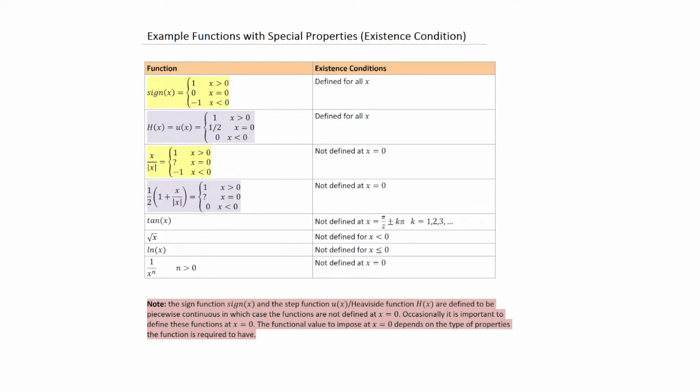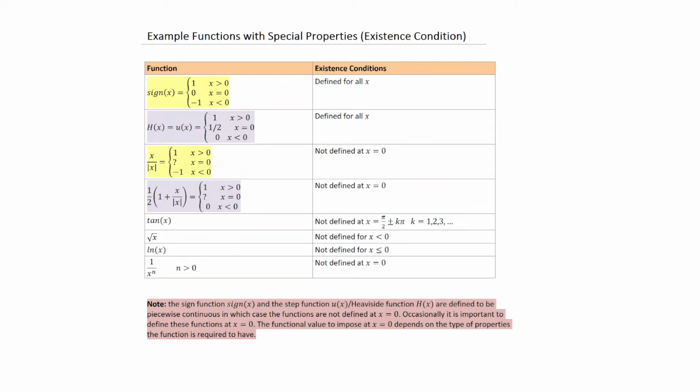We typically define the value of sgn(x) to be 0 at x equals 0. Similarly, we have the Heaviside function or unit step function that toggles between 0 and 1, and again, at x equals 0, we assign a value of 1/2, so it's halfway between 1 and 0.